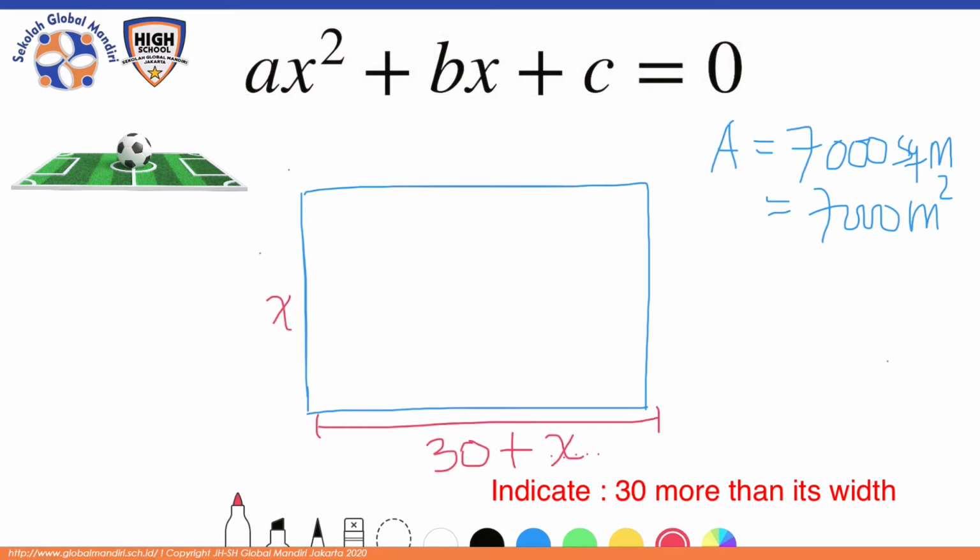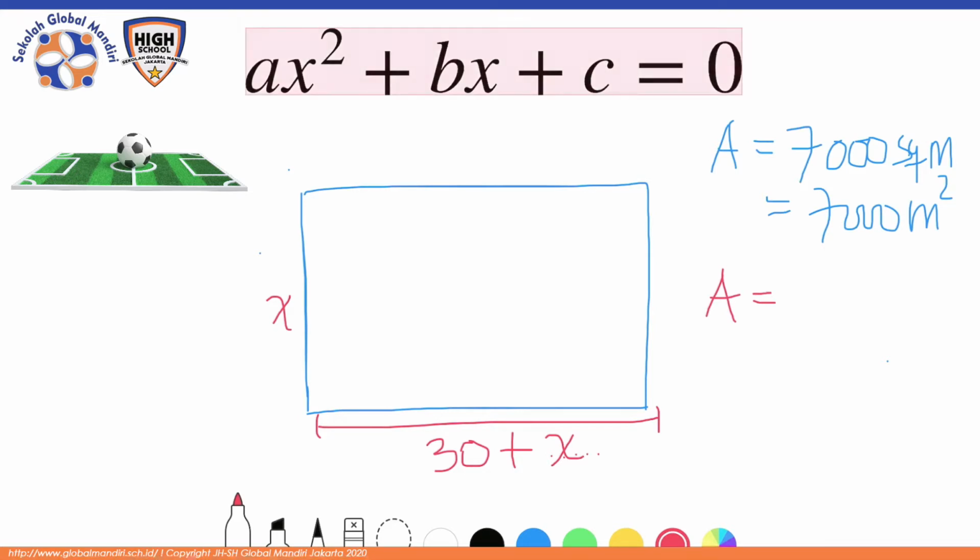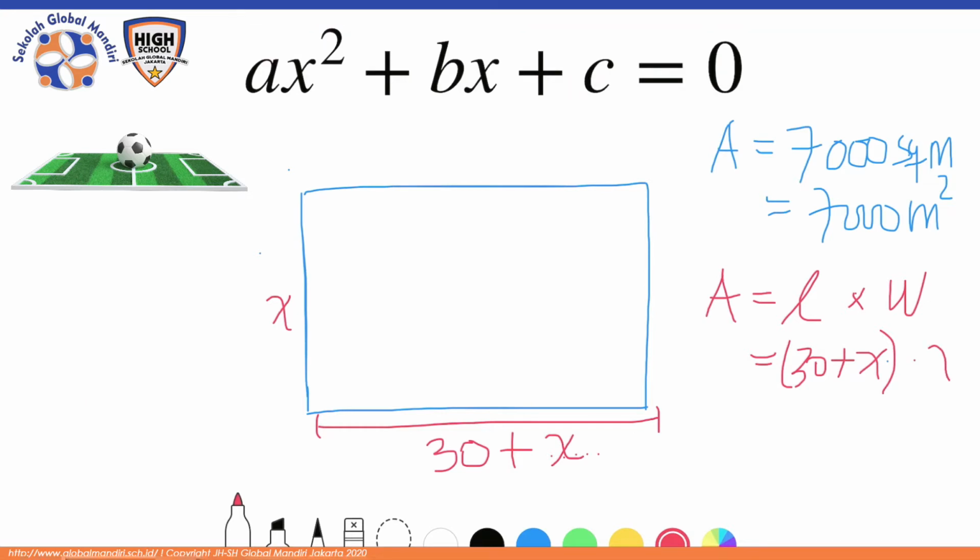Now, based on our reference about the area of a rectangle, we just write length times width, which is 30 plus x times x, equals, using the distributive property, 30x plus x squared.